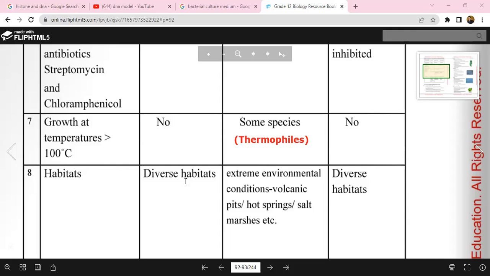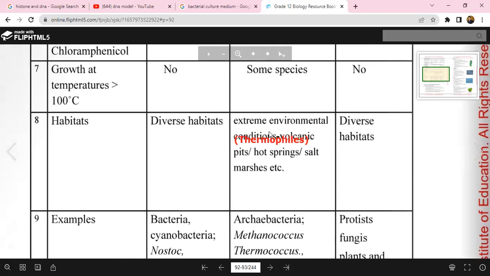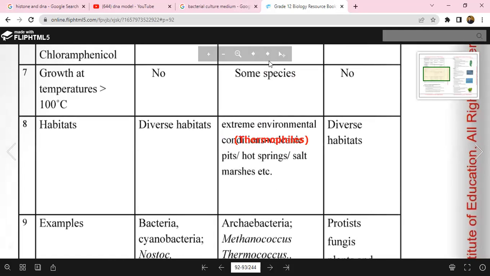And finally, their habitats. Normal habitats are the choices of Domain Bacteria and Domain Eukarya. But archaea prefer to live in extreme environments. They are occupying what others avoid. That is actually a kind of succeeding formula.